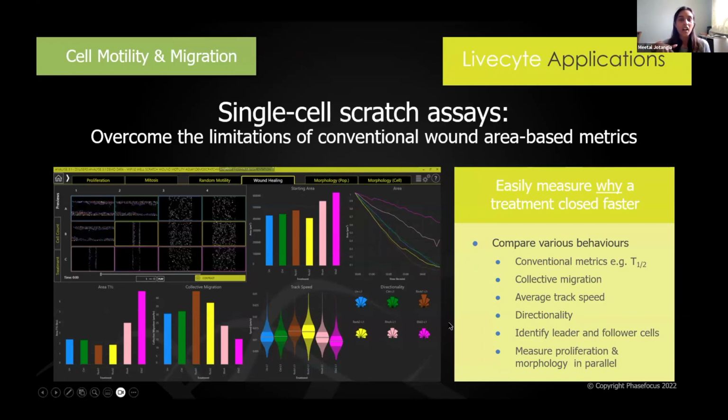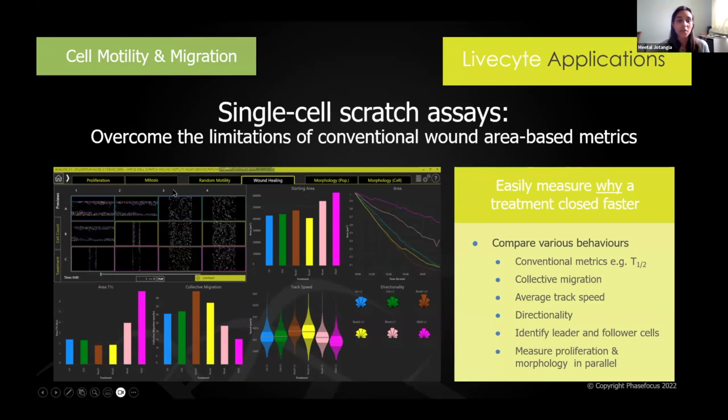So how much preference do they have to move into the wound and not maybe sideways or back on themselves. And we can also look at things like collective migration as well. So this really gives you an idea of a wound area profile that's independent of just whether your cells are moving into the wound.